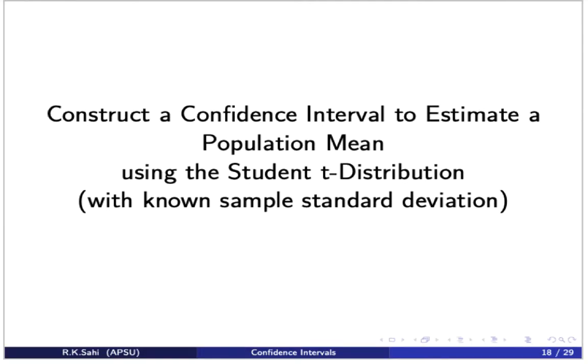So because of it, we are going to talk about how to estimate a population mean with the unknown population standard deviation, with the known sample standard deviation. Here it is a sample standard deviation. So that means we are going to use the sample standard deviation in place of the population standard deviation. And when we have that scenario happening, we say that we're using the student t distribution.